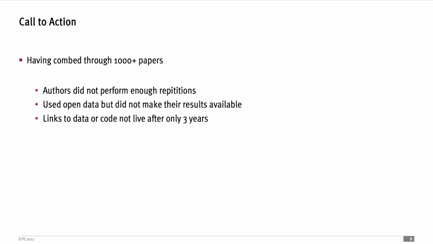And oftentimes, which was also very sad and concerning, links to data or code were not available after just 3 years, while 3 years were the oldest conferences we've looked at. Some were from 2019, and some GitHub links were not available anymore. So while the URLs were in the paper, you could not use the data because there was no way to get to it.